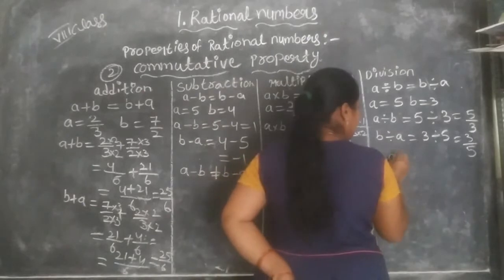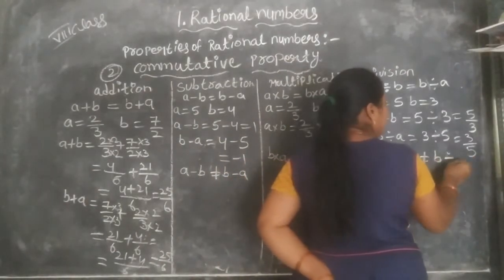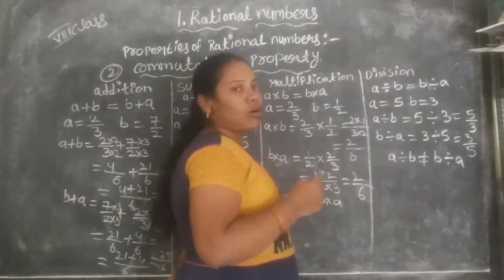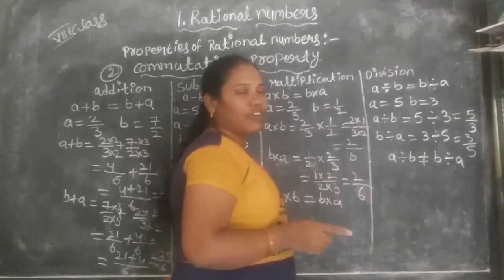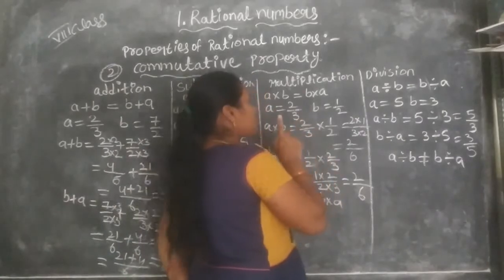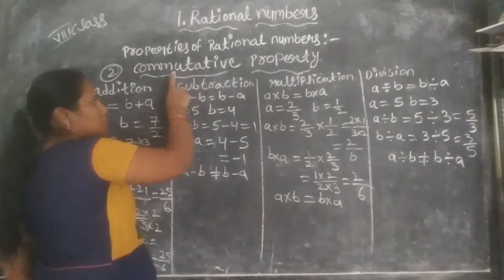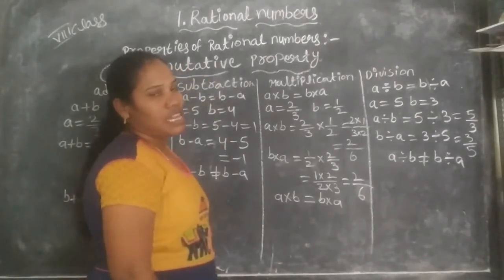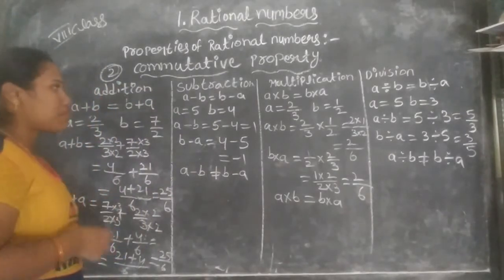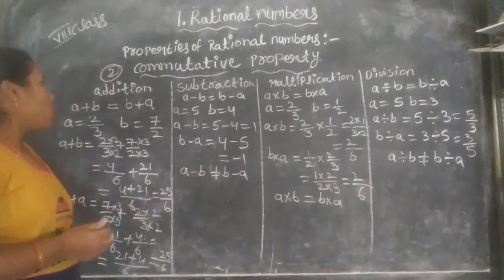No. So A divided by B is not equal to B divided by A. So division is not commutative on the set of rational numbers. So this is the commutative property under addition, subtraction, multiplication and division. Then we move on to the next property.